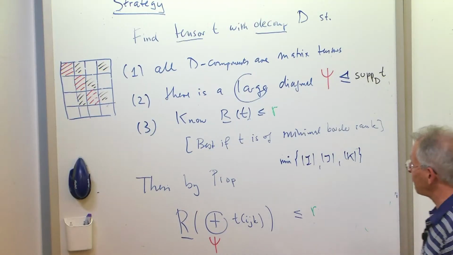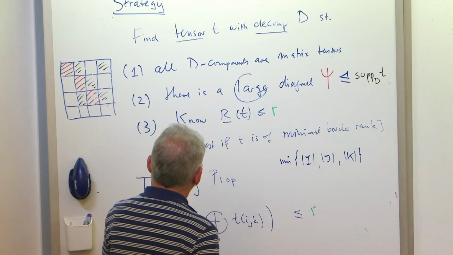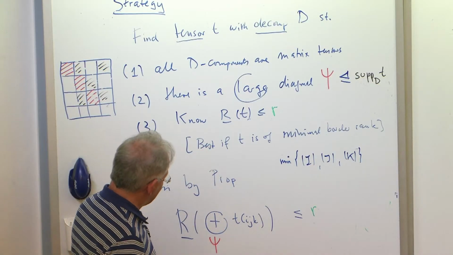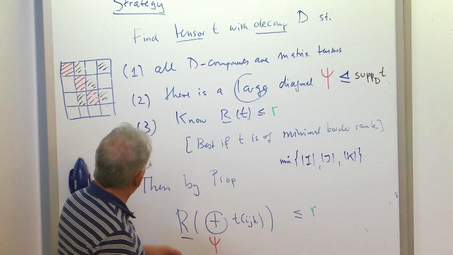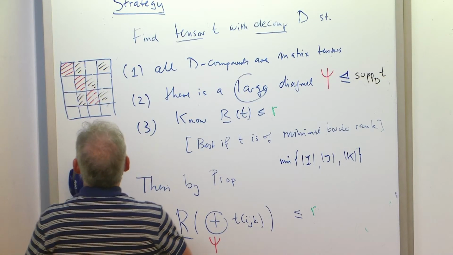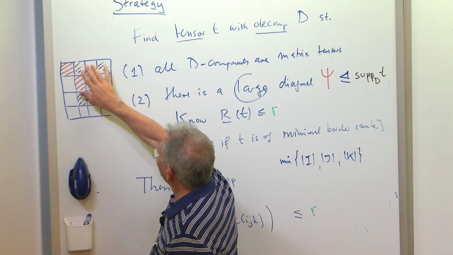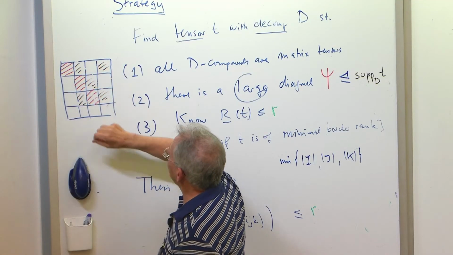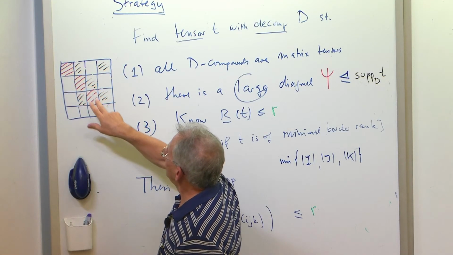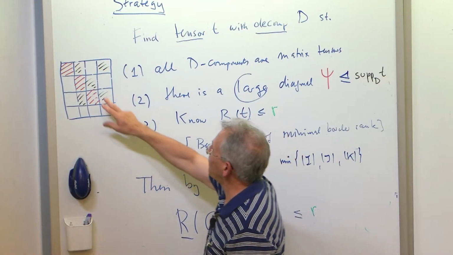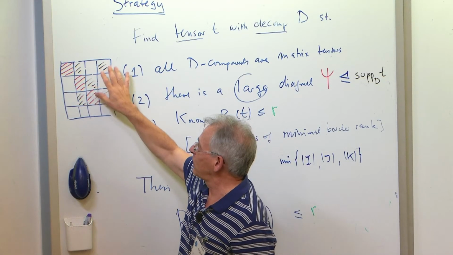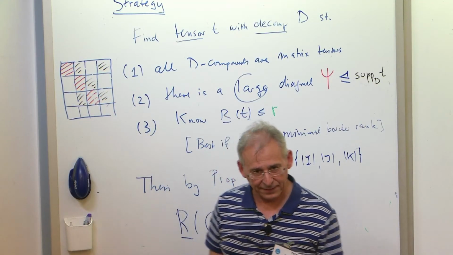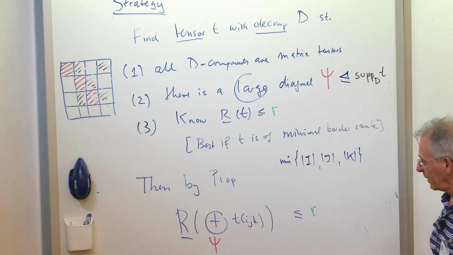So if we have this, then the proposition, which I erased, said that the border rank of the tensor that you get by erasing, look here, I have the red and the black things. The red correspond to the diagonal, and the black are the ones in phi minus psi, and I want to erase all the black ones by a degeneration.